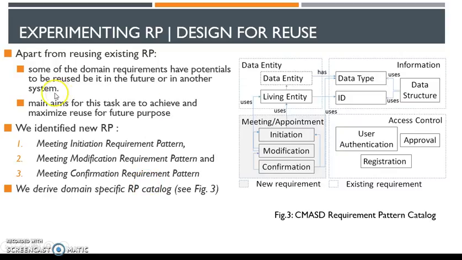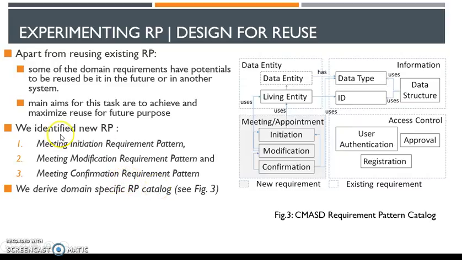apart from reusing the existing patterns, some of the domain requirements have the potential to be reused in the future or in another system. The main aim of this task, design for reuse, is to achieve and maximize reuse for future purposes. We identified 3 new requirements patterns, which are the meeting initiation requirement pattern, the meeting modification requirement pattern, and the meeting confirmation requirement pattern.